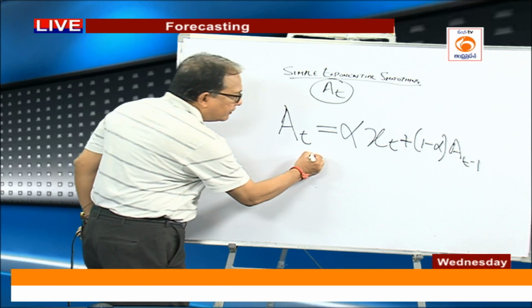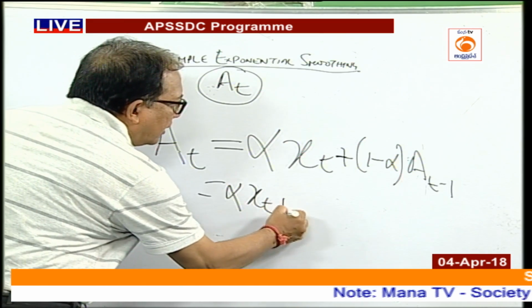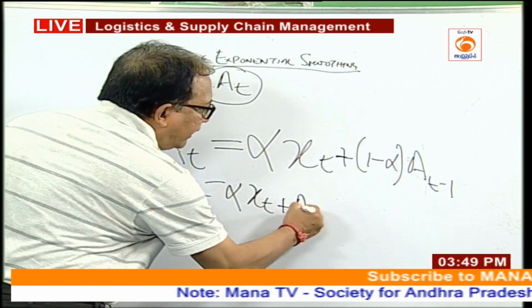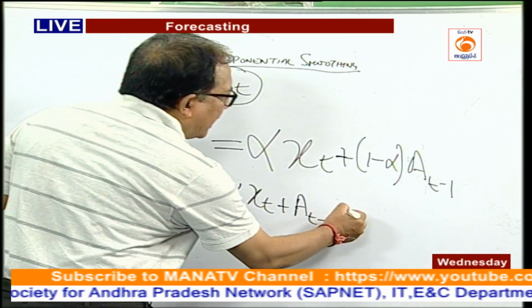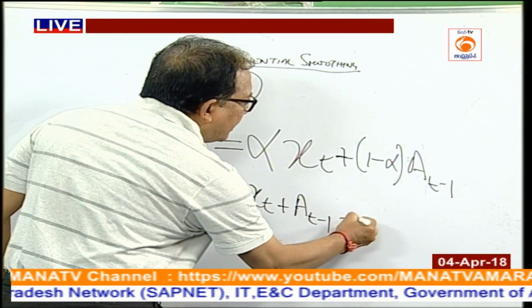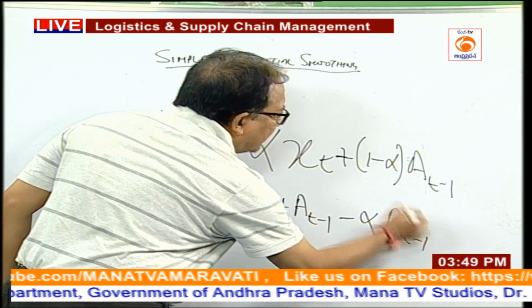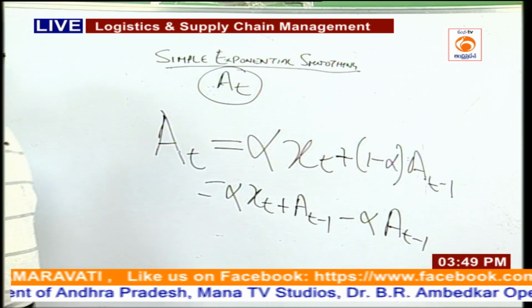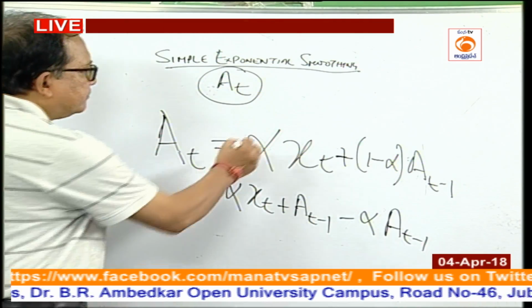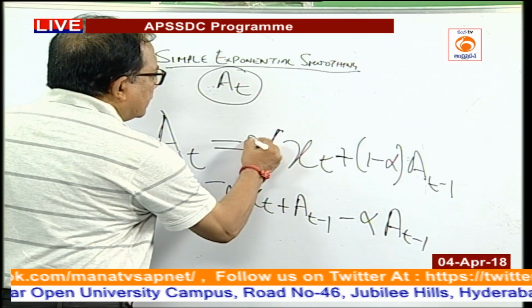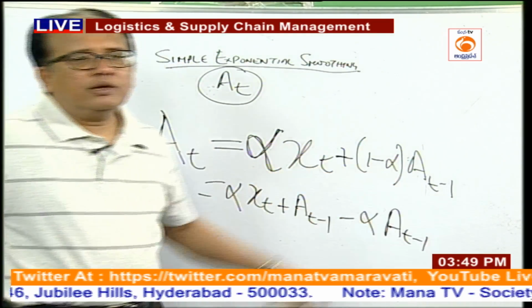Now, break this up. I repeat, A t is equal to alpha x t plus 1 minus alpha into A t minus 1.